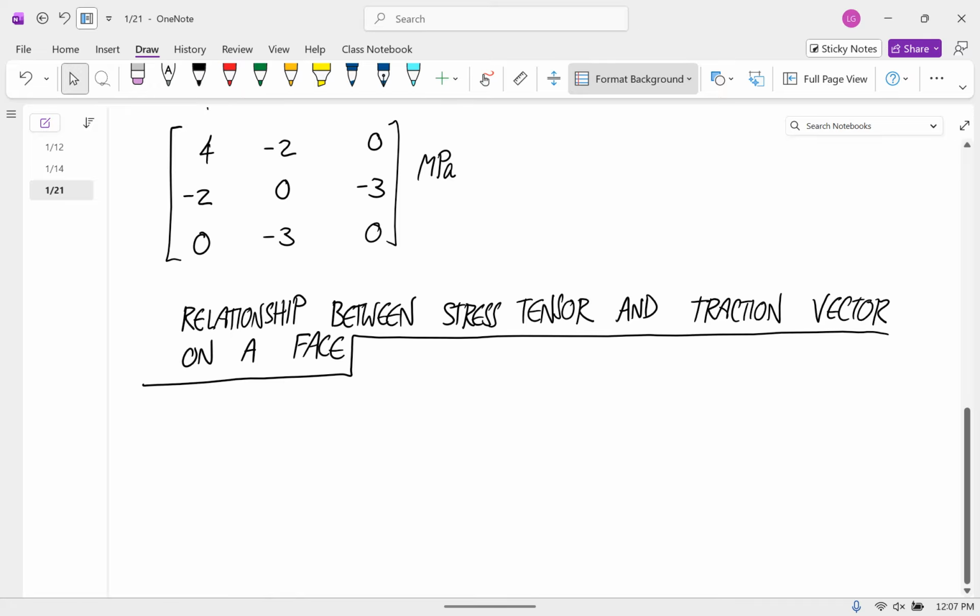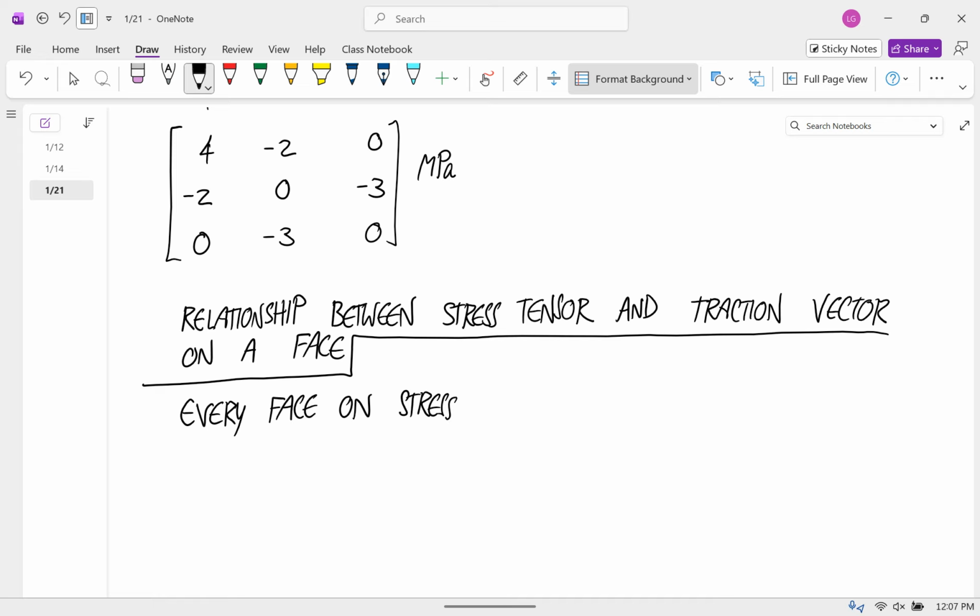Every face on the stress cube has a vector of force per area components acting on it.